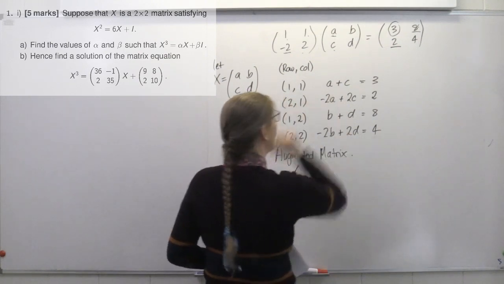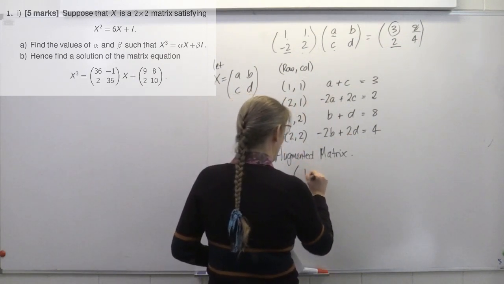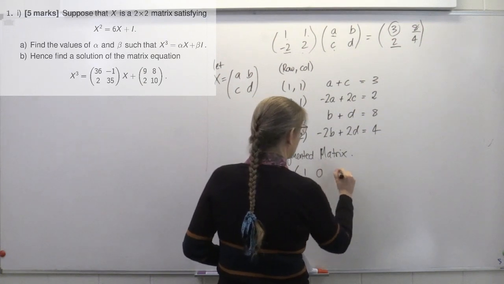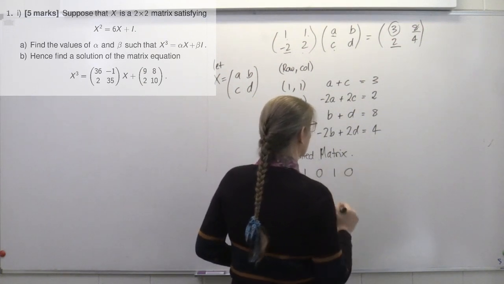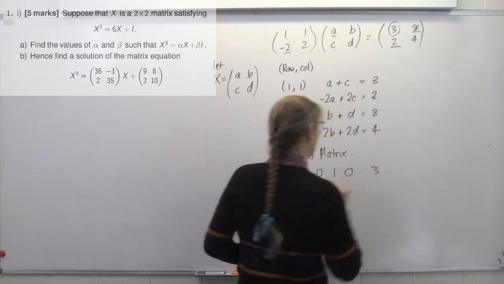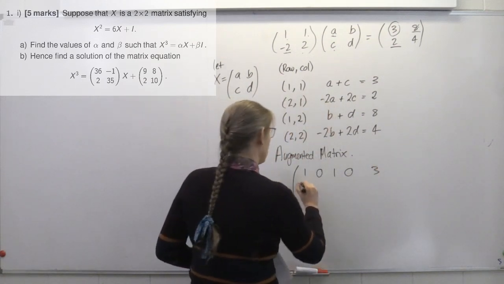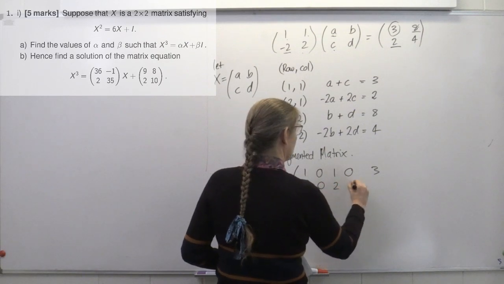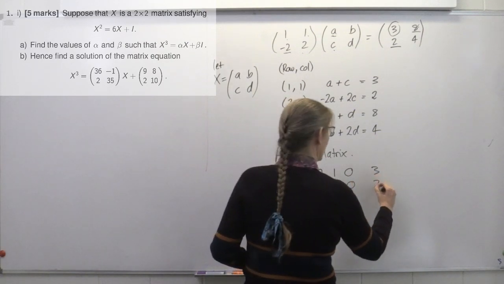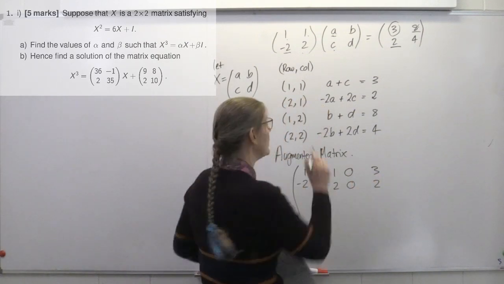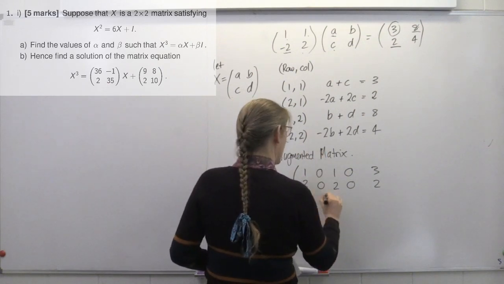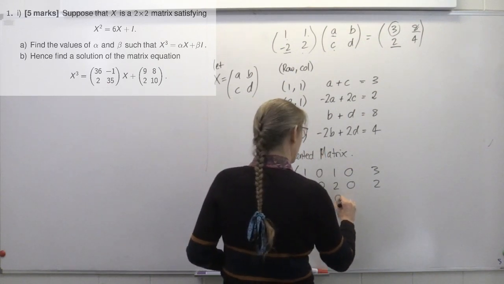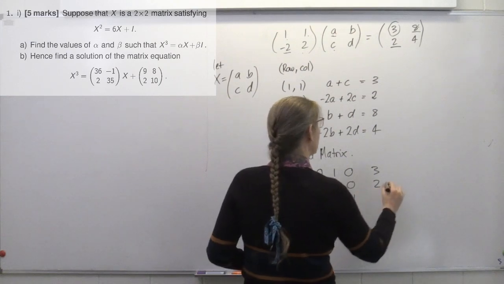Okay, so our first equation says 1 times A plus 0 times B plus 1 times C plus 0 times D is equal to 3. The second equation says minus 2A plus 0B plus 2C plus 0D is 2. Our third equation says 0A plus 1B plus 0C plus 1D is equal to 8.